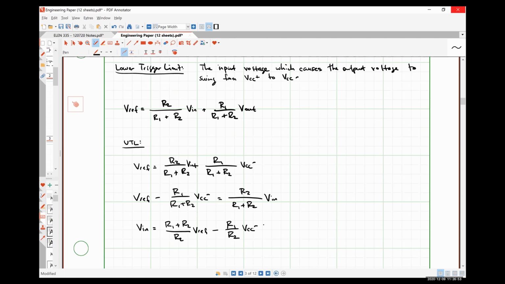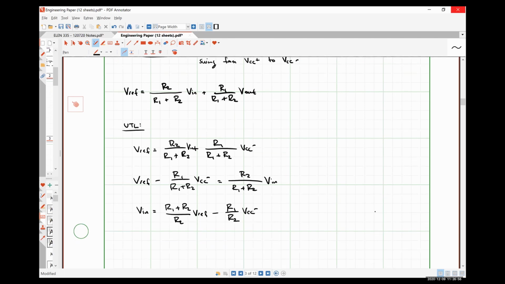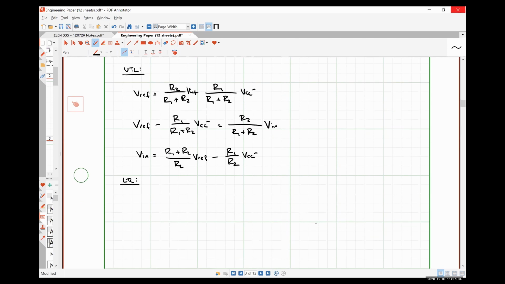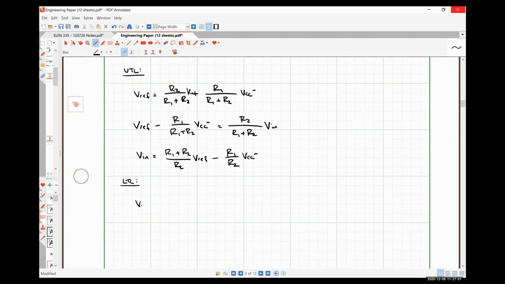For my lower trigger limit, I have the exact same initial equation. Vref is R2 over R1 plus R2 times V in plus R1 over R1 plus R2 times VCC plus. So if I do the math here, I move this to the other side: Vref minus R1 over R1 plus R2.